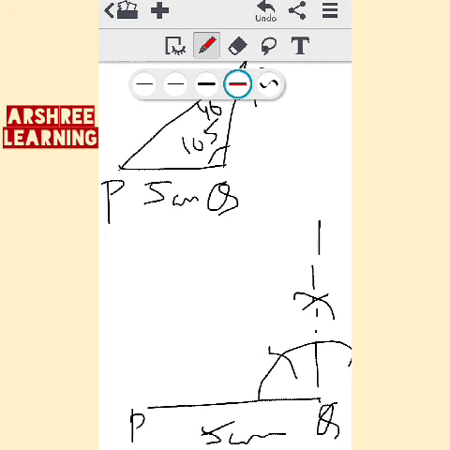After that, with the same radius, you will put the compass at this point and at this point. The 2 points you will use and you will construct an arc. The arc will be cutting here. When you do it, the line will be made and this angle will come 105 degree.